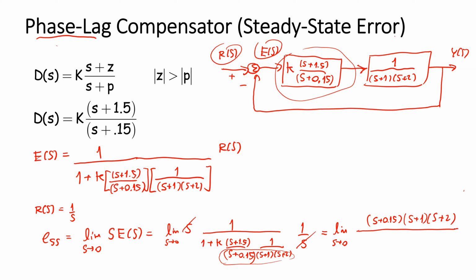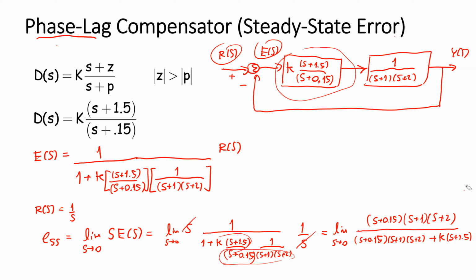In the denominator, we have s plus 0.15, s plus 1, s plus 2, and then we add k times s plus 1.5.